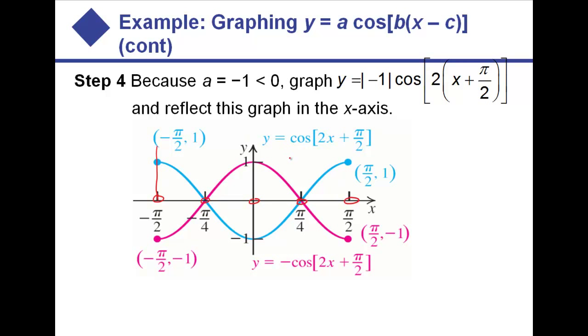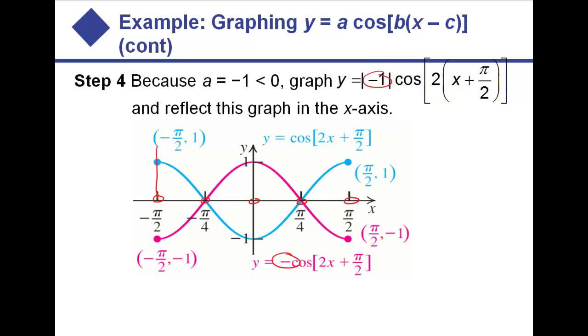But the last thing you have to worry about is this flip, right? The true thing we're trying to graph has that negative, so it gets flipped. And that's why you end up getting the red graph. And so that's all you have to do to graph these functions, right? Go through those steps, very simple.